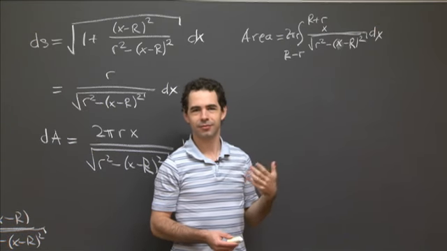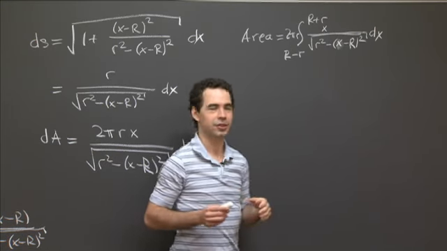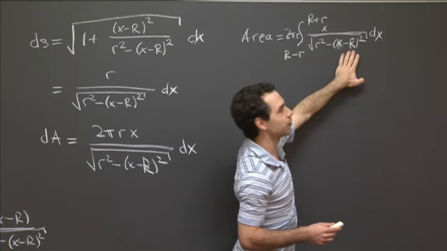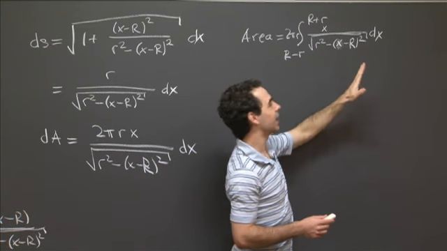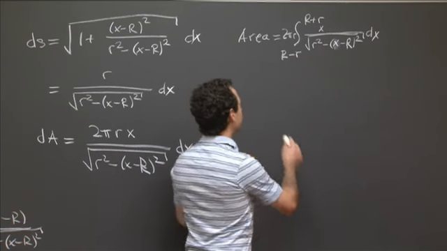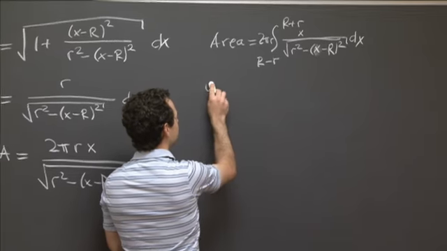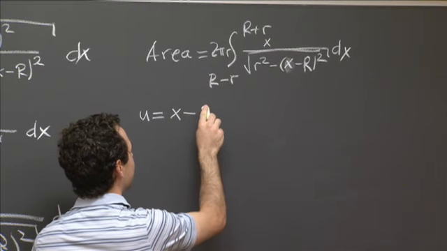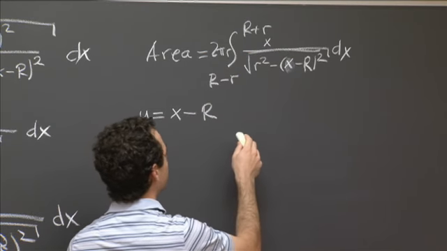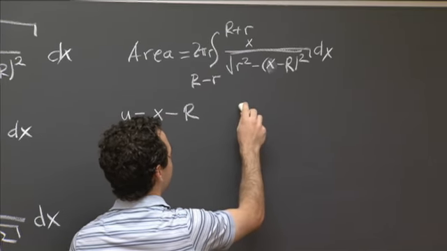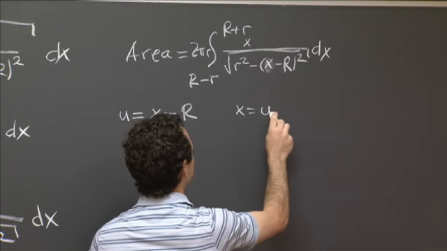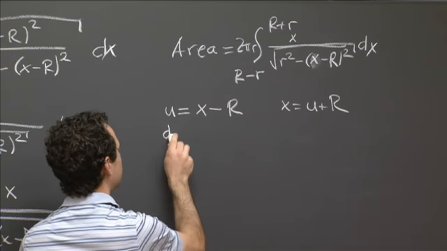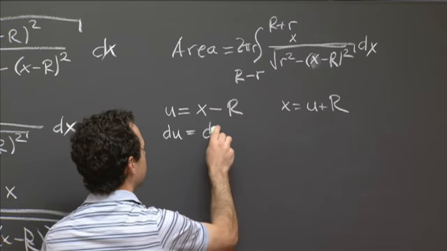My life feels simpler when I do one little substitution at a time. And so one little substitution I could do is to simplify this x minus R thing. I could just shift this by R. So I'm just going to do a little linear substitution: u equals x minus big R, or I'm going to want to substitute the other way, so x equals u plus big R. And so du equals dx.